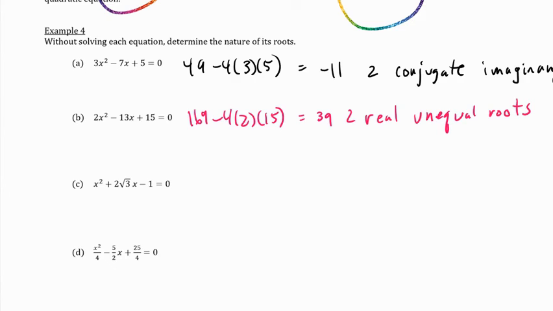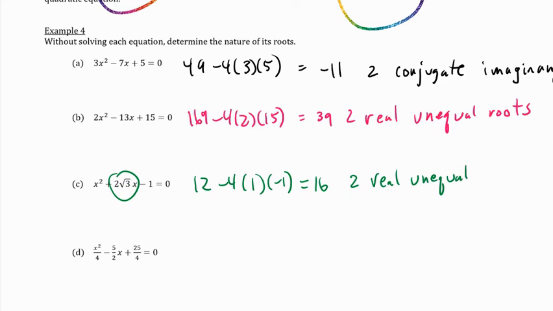See, if I square this, I get 4 times 3, which is 12, minus 4 times 1 times negative 1. That's going to be 16. So again, I got two real unequal roots.